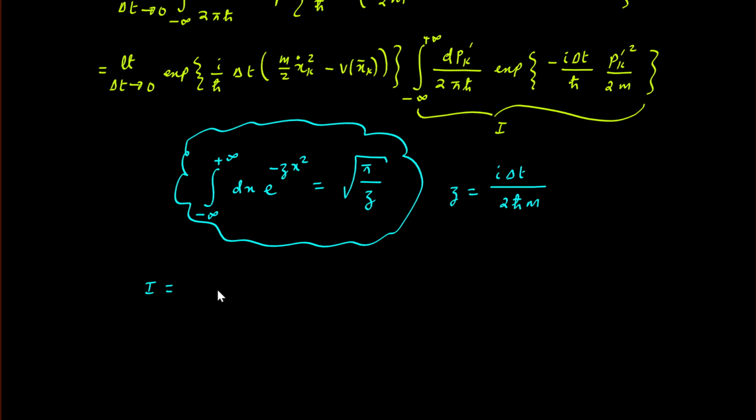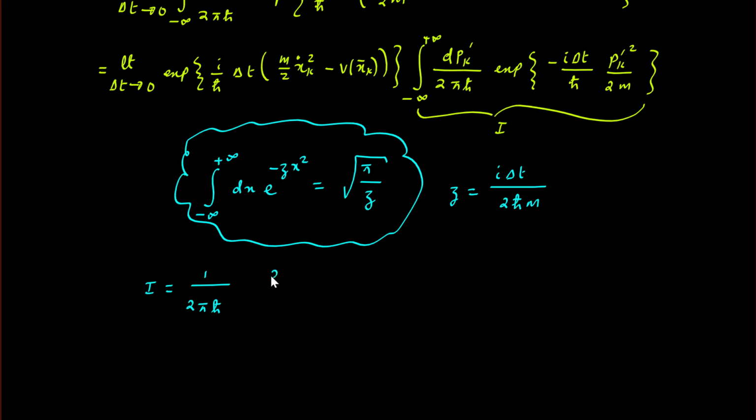So we have here 1 by 2 pi h cross, and we have here this term, root over of pi by z. So we just have to put that here.